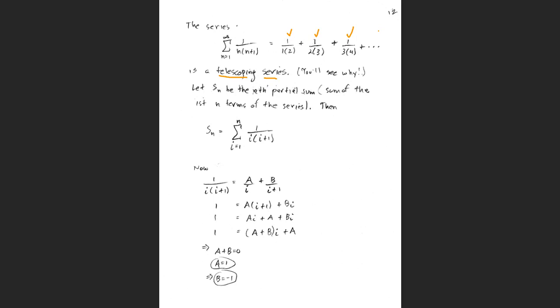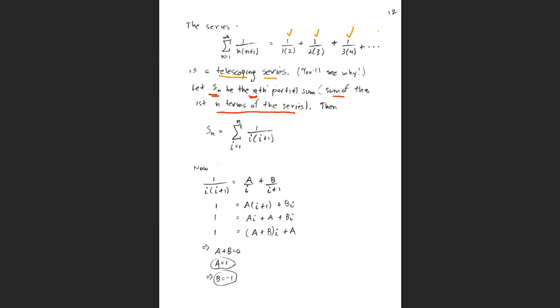I can tell you this telescoping series is going to converge. We don't have a formula for the sum, so we're going to let S sub n be the nth partial sum, which means the sum of the first n terms of the series.